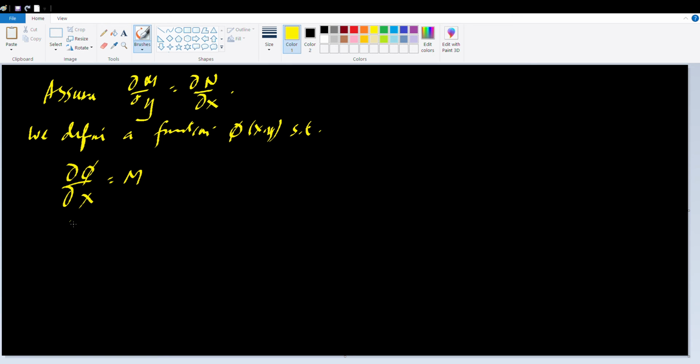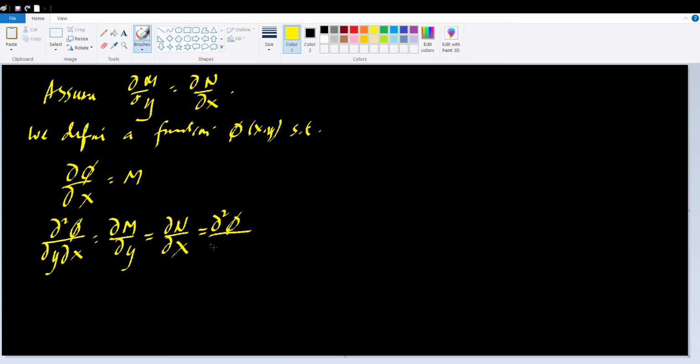Now, we take the second partial of phi with respect to y. So, the partial of M with respect to y. And we know that by our assumption, the partial of M with respect to y is equal to the partial of N with respect to x, which is also equal to the second partial of phi, we can interchange the order, with respect to x and then y.